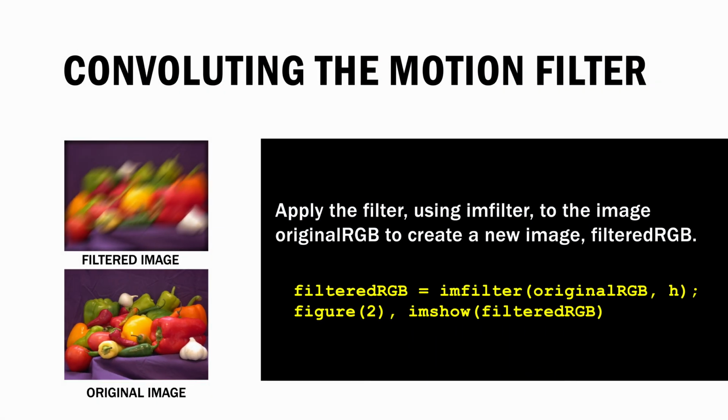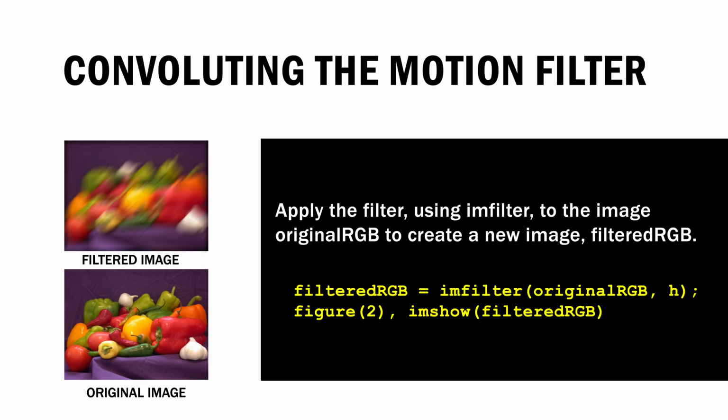Now that we've defined our motion filter, let's convolve it with the image to observe the result. We use MATLAB's imfilter function for this operation. The first input, originalRGB, is the image we imported earlier, and the second input, h, is the motion filter we created using fspecial. This convolution produces a new image stored in filteredRGB.